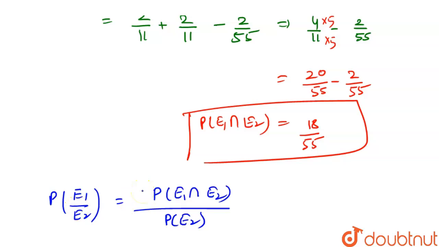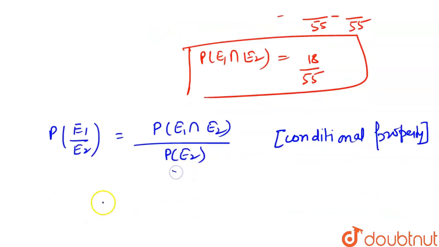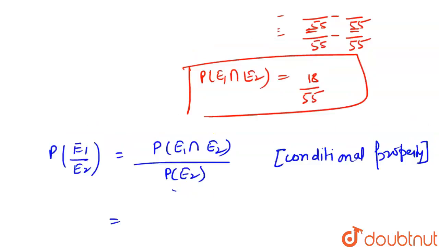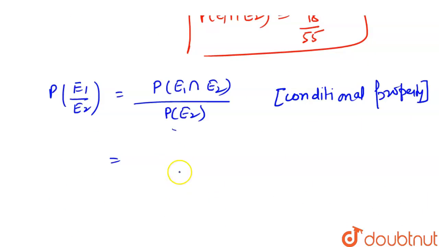This is the conditional probability: the probability of E1 when the E2 event has already occurred. So E1 intersection E2 is 2 upon 55, divided by P of E2. P of E2 is 2 by 11.